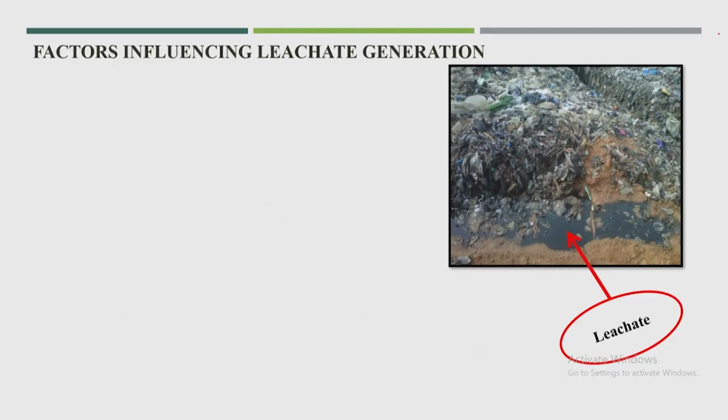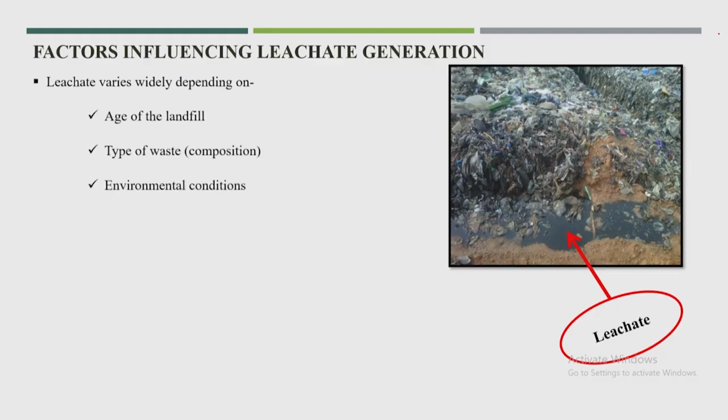What are the factors influencing leachate generation? The leachate varies widely depending on the age of the landfill, the type of waste and environmental conditions. Regarding the age of the landfill, the leachate production will not be that large in the initial period, like 2, 3 or 4 years.